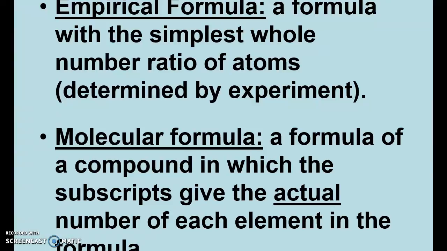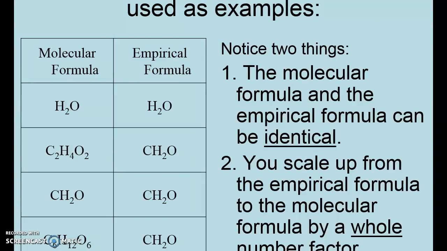And the molecular formula is a compound in which the subscripts give the actual number of each element in the formula. So here's some examples. In some cases, molecular and empirical formulas can be identical. In others, you scale up from the empirical formula to the molecular formula by some whole number factor.